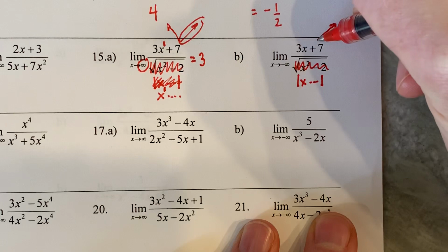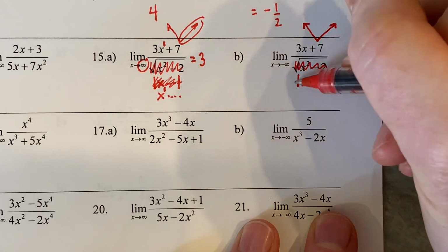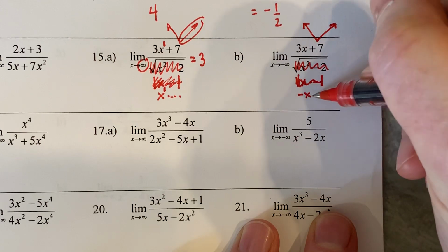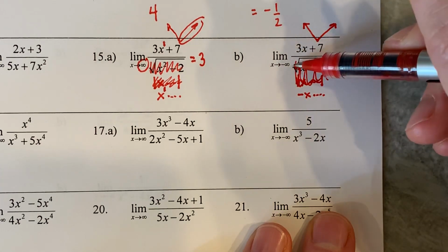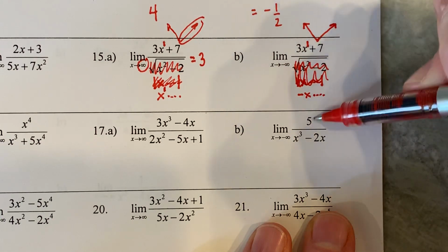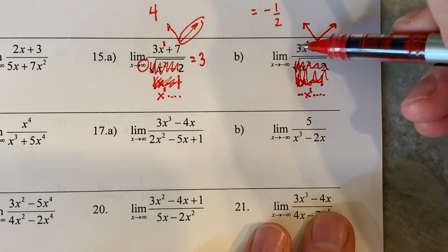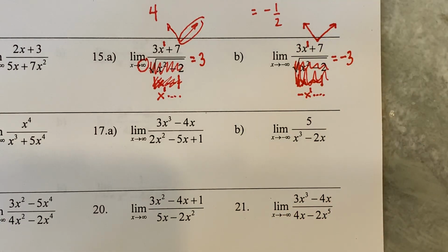It would be the negative version of that. So I'm going to replace this with a negative x. I have just converted this problem from the original square root problem to this. And now if the powers are the same, what am I allowed to do? Take the coefficients, negative 3. So I think with this strategy, you're going to have some luck.